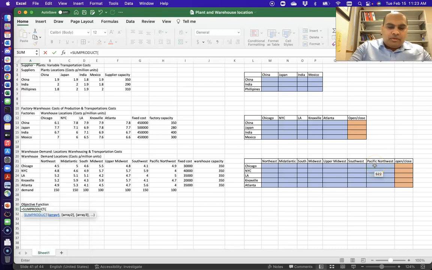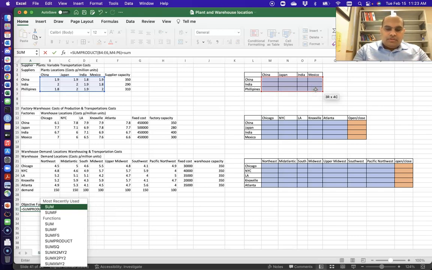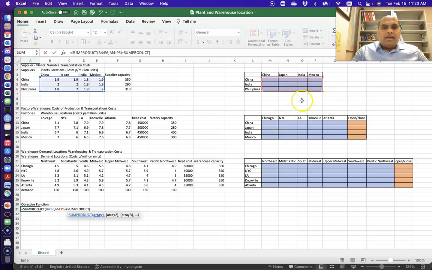So let's write the first sum product function, which is the corresponding variable cost of shipping materials from your suppliers to your plant locations and the corresponding x variables. That's the first part of the supply chain. For the second part of the supply chain, we have the fixed cost and the variable cost together, comma, the x and the y variables together.